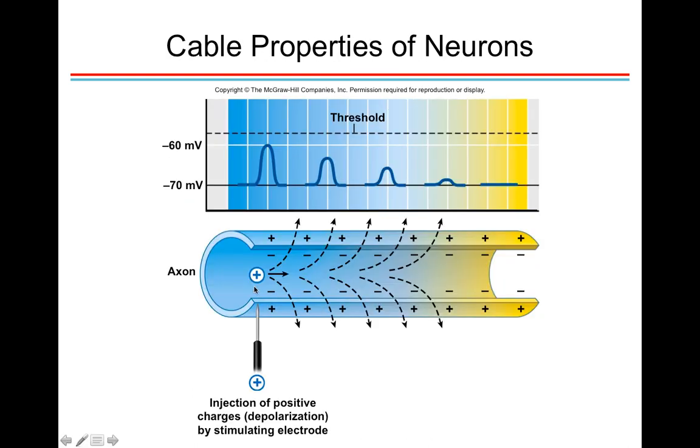So again, this threshold is really critical, and the axons I want to share with you have a cable property. What cable property means is that the sodium ions, for example, traveling down an axon are going to be diffusing down the axon.